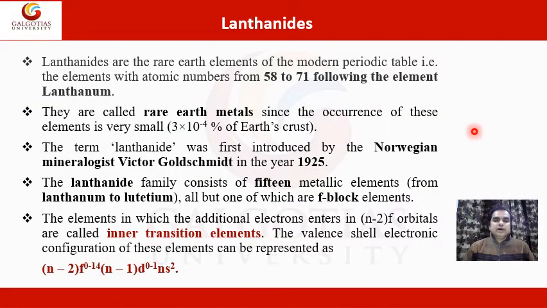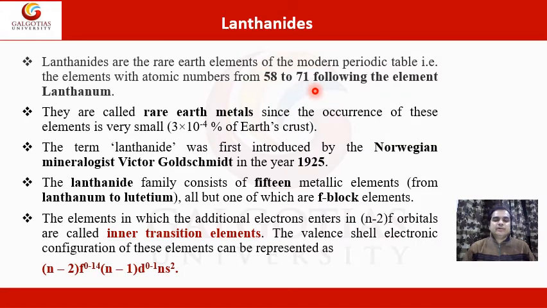Now come to what lanthanides are and how we can define them. Lanthanides are the rare earth elements of the modern periodic table, that is the elements with atomic numbers 58 to 71. These are the elements following lanthanum, whose atomic number is 57. So after that we have 14 elements from 58 to 71, as we have seen in the previous slide.